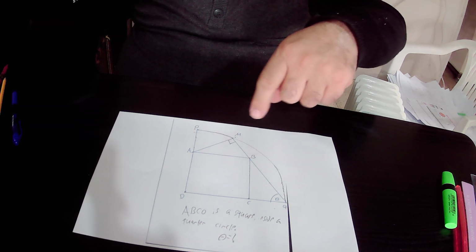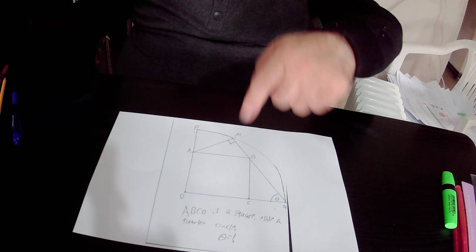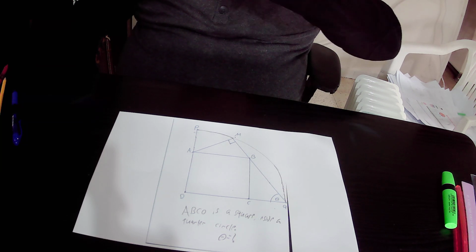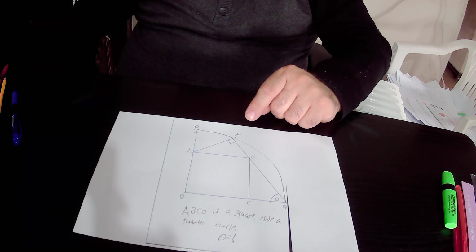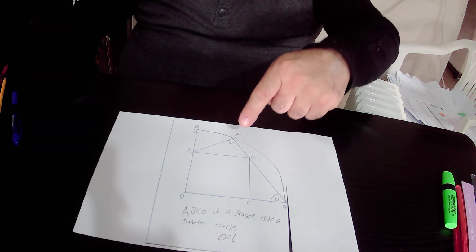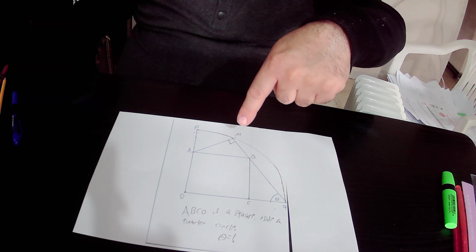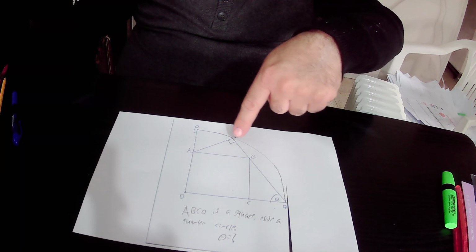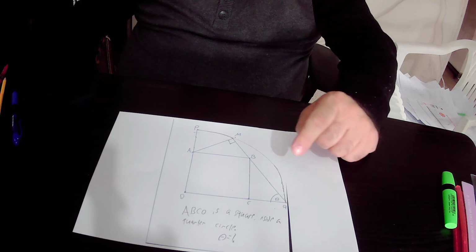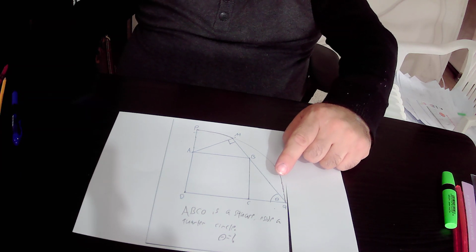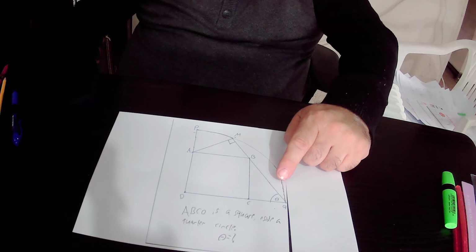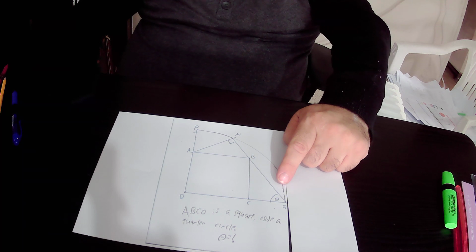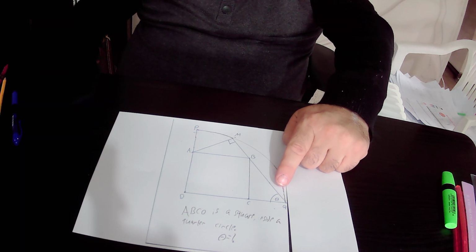Inside this quarter circle, we have square ABCO, and we also have this angle, angle AB, which is a right angle equal to 90 degrees. And we also have angle BQC. According to the question, angle BQC equals theta, and we want to find the value of this angle theta.